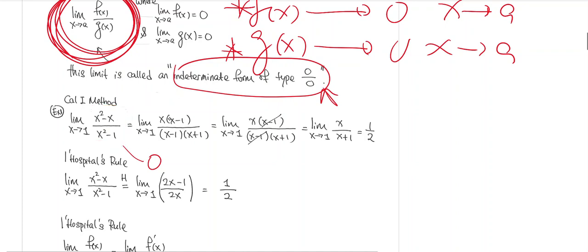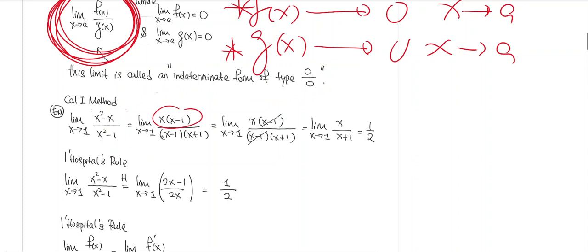And if you remember, the way we deal with it in 151 is to do some algebra. In this case, we factor out the x, and we also factor x squared minus 1. Then there are cancellations that you can perform because when x approaches 1, x is never equal to 1.